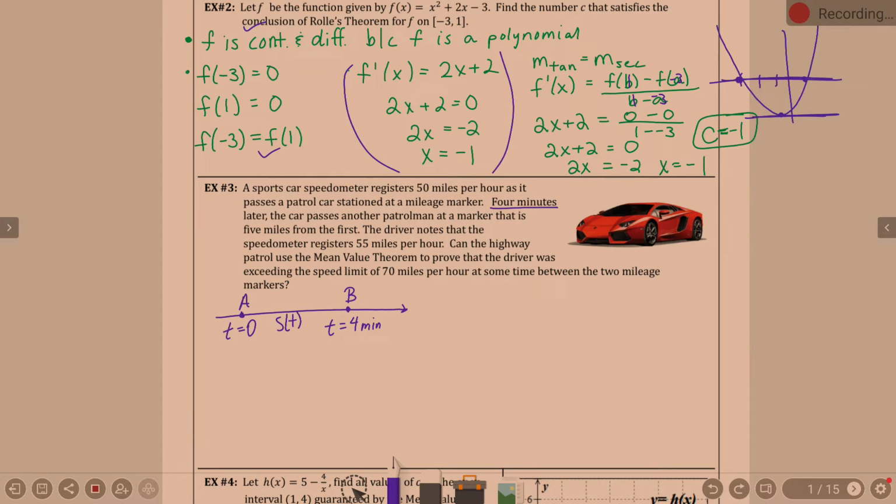Should we be talking about minutes here? Not really, because of 50 miles per hour, 55 miles per hour, 70 miles per hour. So that time, instead of talking 4 minutes, what is that in terms of hours? 4 minutes out of 60, and 4 60ths can reduce to 1/15.